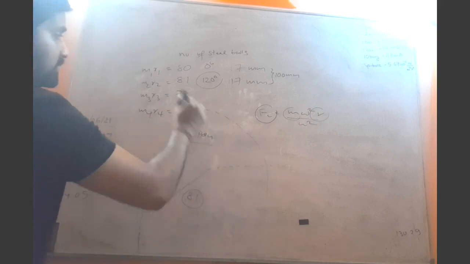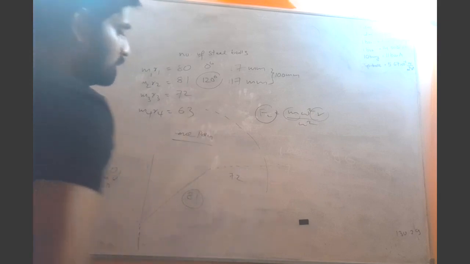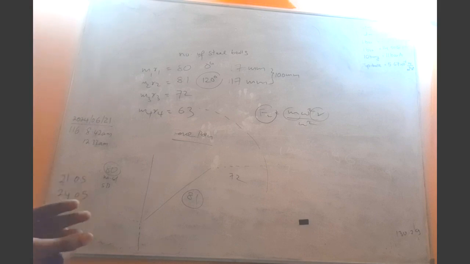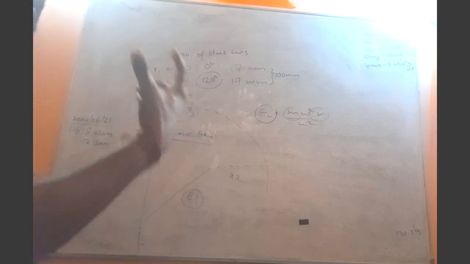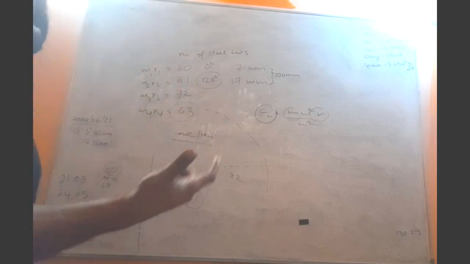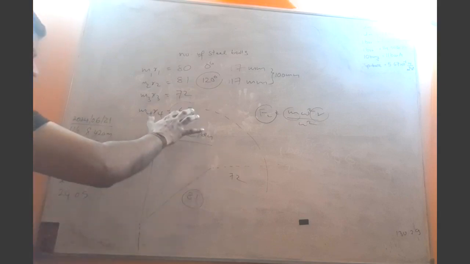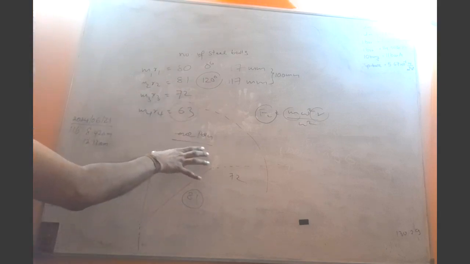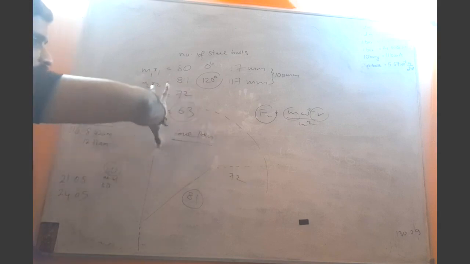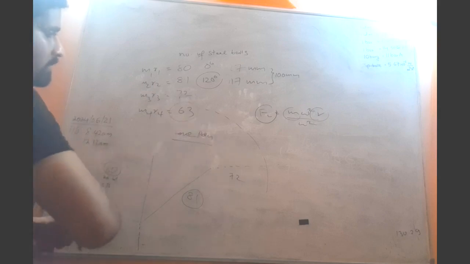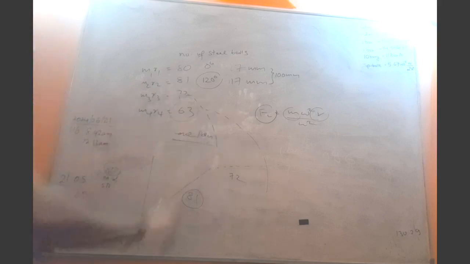That radius represents 72. But this must be a closed polygon, so what is the remaining length? 63. Again take the compass, measure that length that represents 63, go there, and construct the other arc. Now got it?